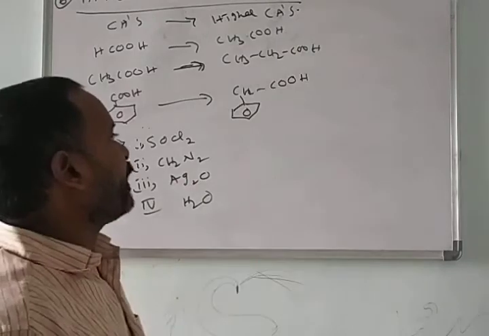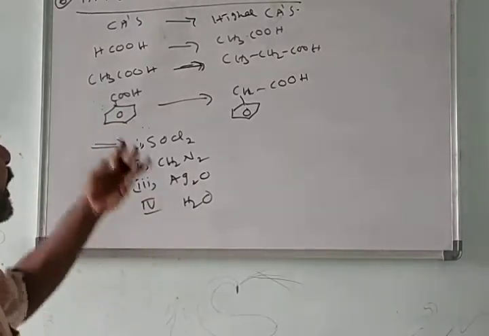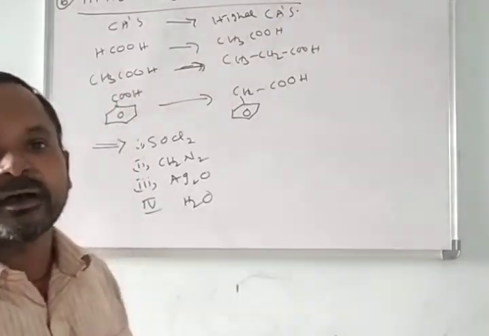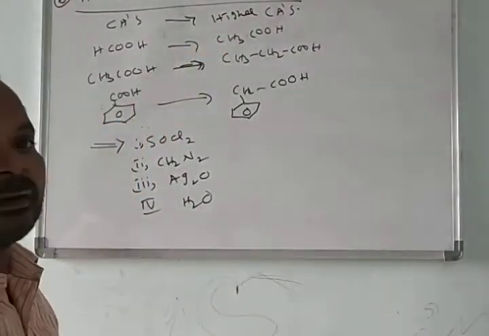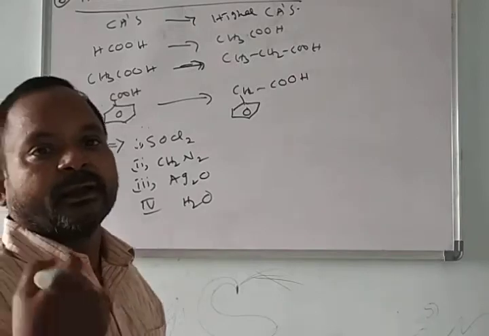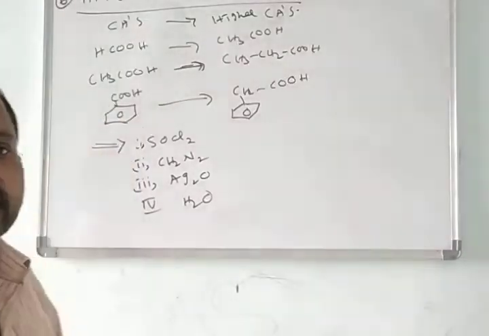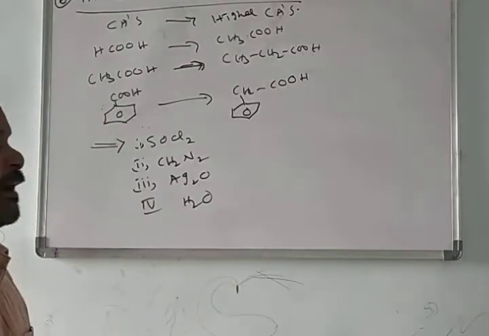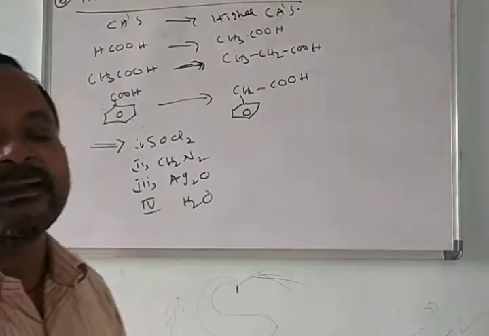What is the use of Arndt-Eistert synthesis? Okay, it is used for the preparation of higher carboxylic acid from the lower carboxylic acid. Propanoic acid to butanoic acid, formic acid to acetic acid to propanoic acid, benzoic acid to phenyl acetic acid.